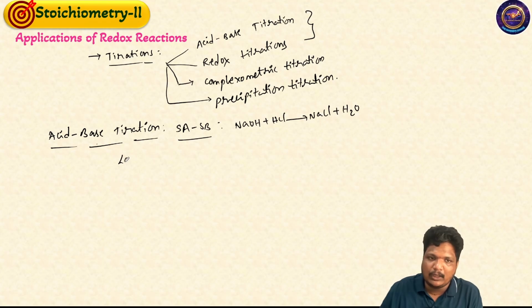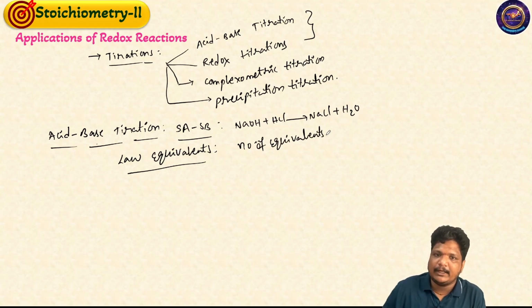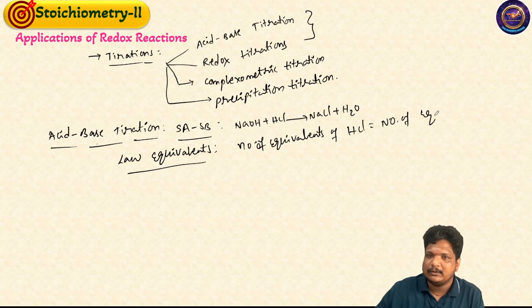According to the law of equivalence, the number of equivalents of HCl is equal to the number of equivalents of NaOH.